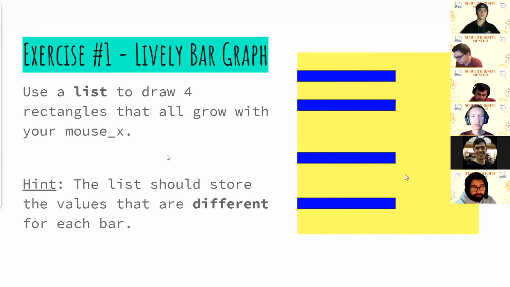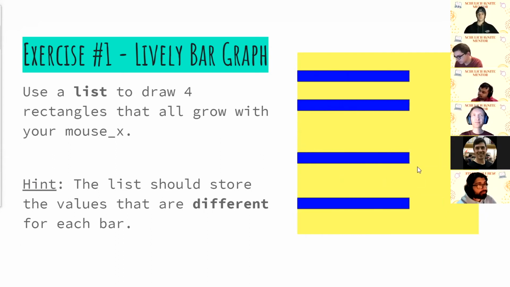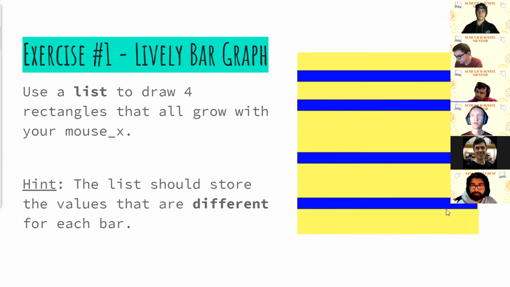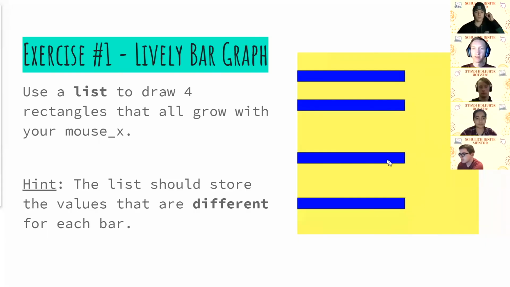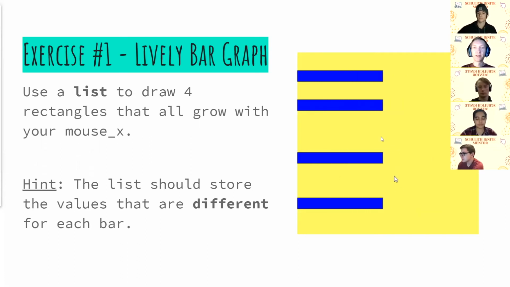So the hint here is to think about what you want to be storing in that list. You want to be storing what is different for each of these bars. Okay, so we're going to move you to breakout rooms now. We're going to give you 10 minutes to work on this. The X is going to be the same, so its width should be the same. It's just going to be based on that mouse X.